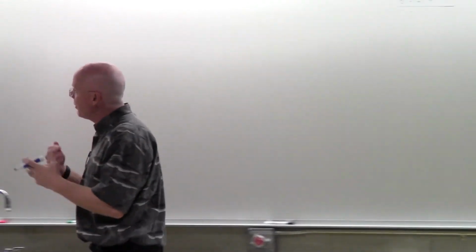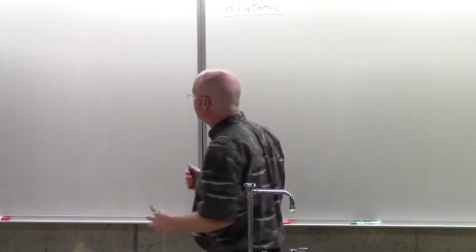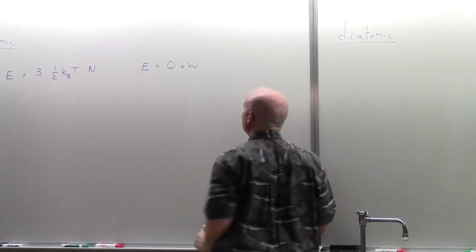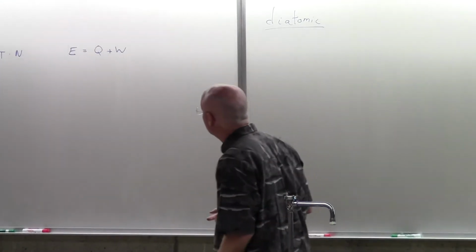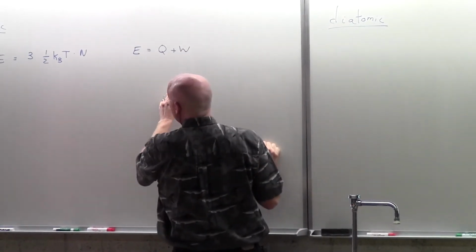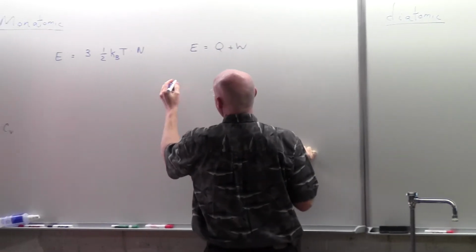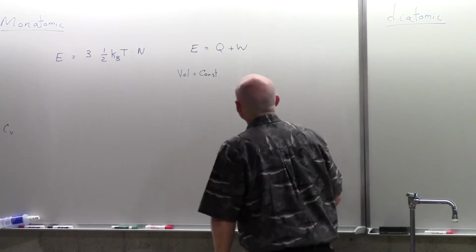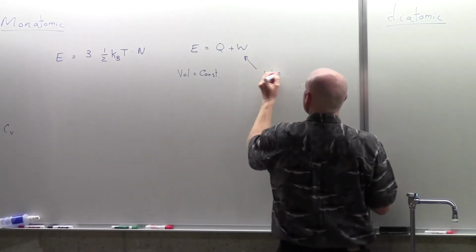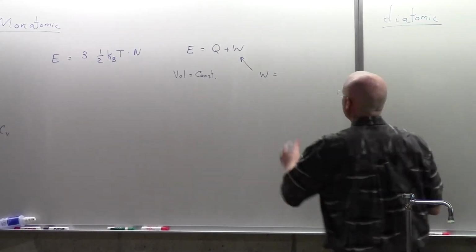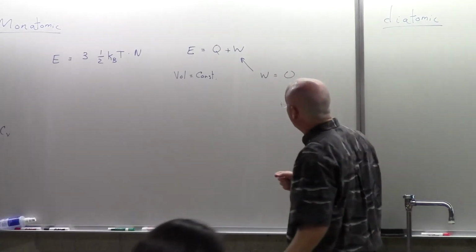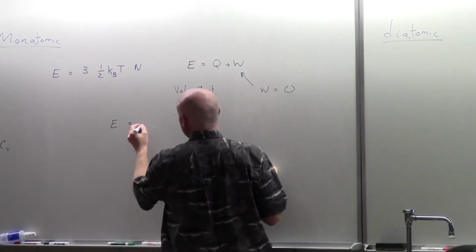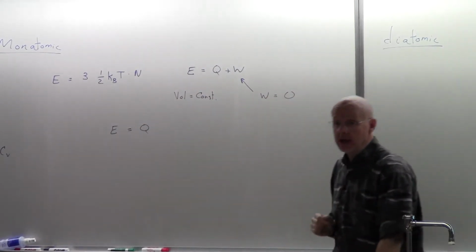If we then go to think about the first law of thermodynamics that says E equals Q plus W, and then when I realize that I warm it, say, at constant volume, then how much work is done at constant volume? 0. And so this internal energy becomes the same as the heat energy.